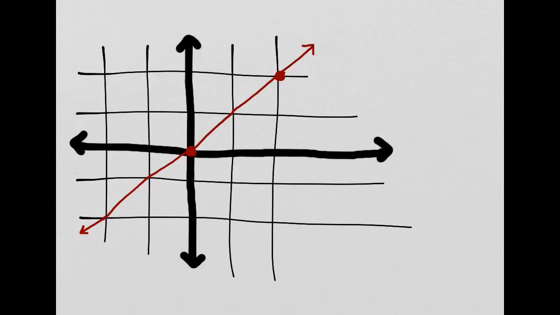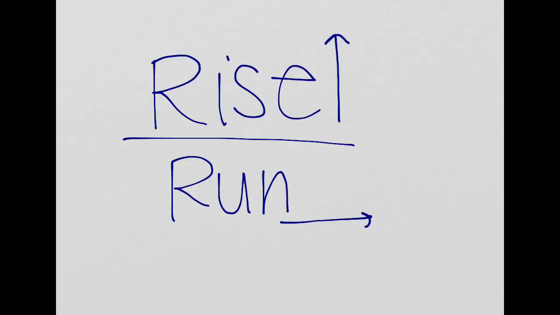Okay, so let's find the slope of this line. We want to find rise over run. Actually, let's take a step back and really go over what rise over run is. Rise is the change in y, so y2 minus y1.